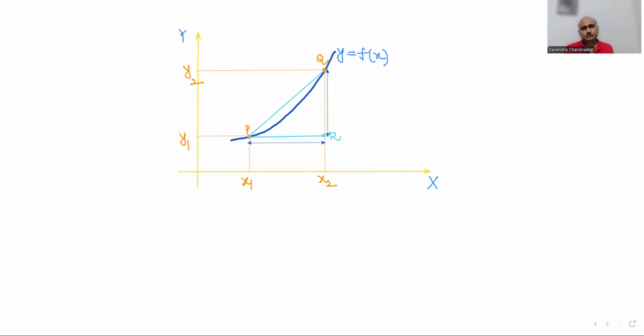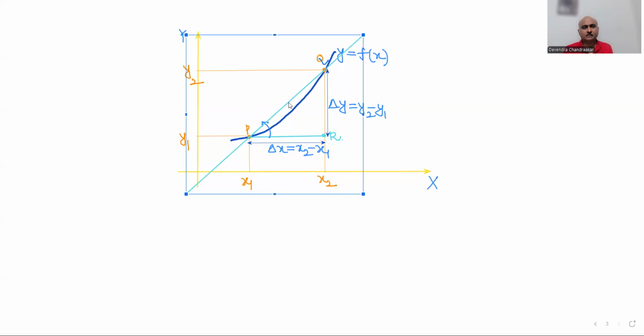This is the change in the value of x, which is x2 minus x1. And this is the change in the value of y, which is y2 minus y1, right? The slope of this secant, so this is a secant, right? If you extend this line, this is a secant, right?